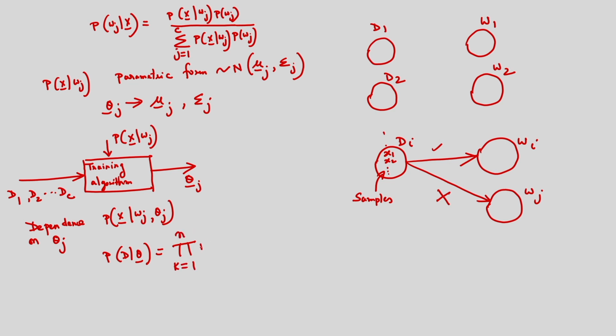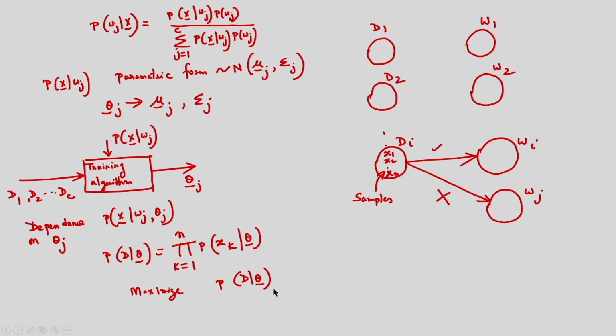Suppose I have these training samples x1, x2 up to xn, and theta. So I have to maximize the probability of D given theta.